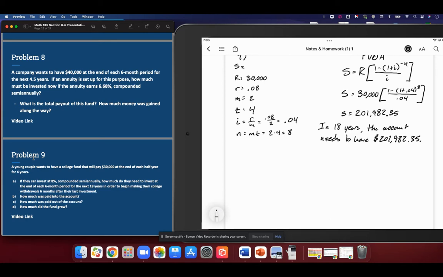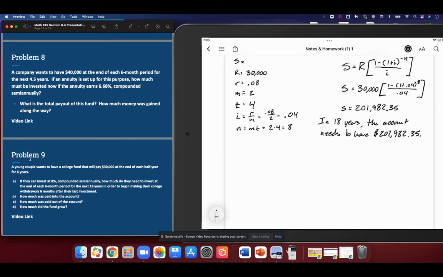So we need to work on producing or making payments into an account that will eventually sum to be that much. And so the other questions that we have here, everyone, are what was paid into the account, how much was paid out of the account, and how much did the fund grow? We'll answer those as we go.